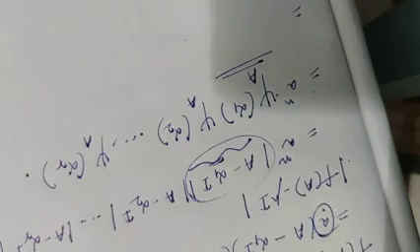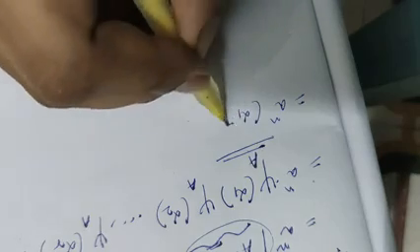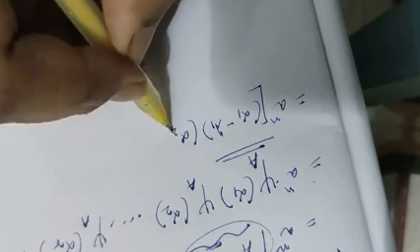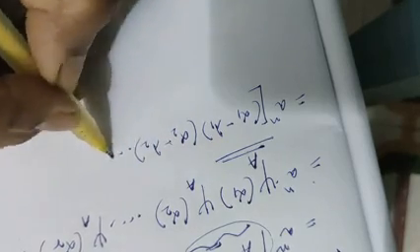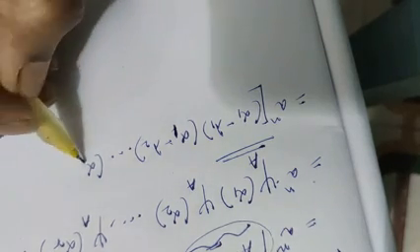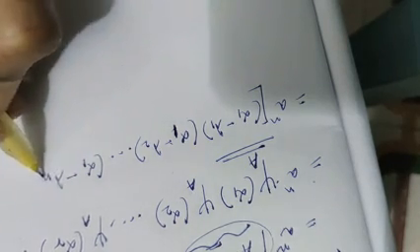So in the next line we are putting the value of all these psi A alpha 1, psi A alpha 2 up to psi A alpha r. So it will be alpha 1 minus lambda 1 into, for the first part, alpha 1 minus lambda 2, up to alpha 1 minus lambda n.